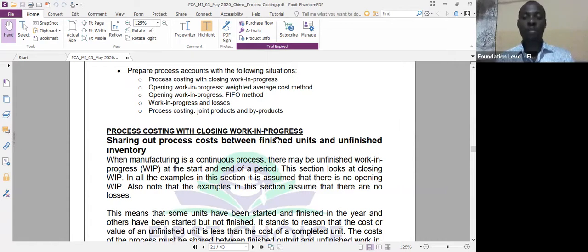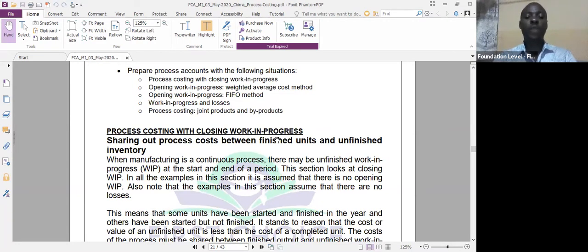Let's assume that we are in the last day of the month of April 2021, and that is the end of the period. Maybe we are producing bread, and as at midnight, of the loaves of bread, some has been produced and some is still in process. Now that is the closing work in process or progress.